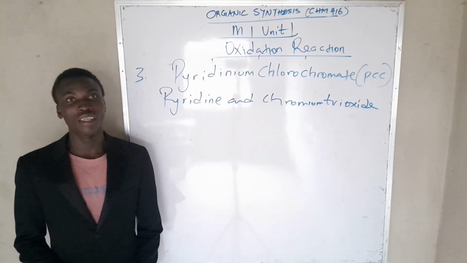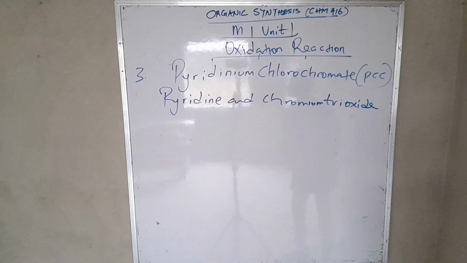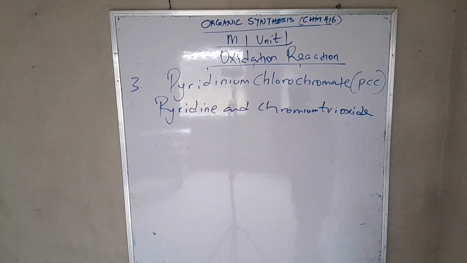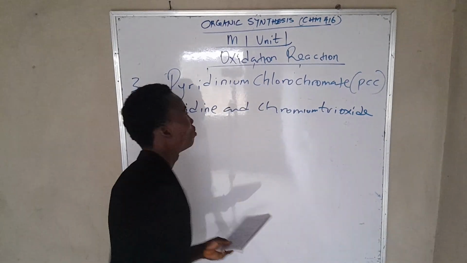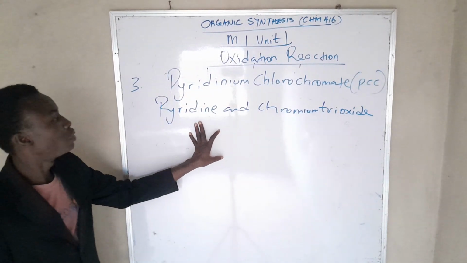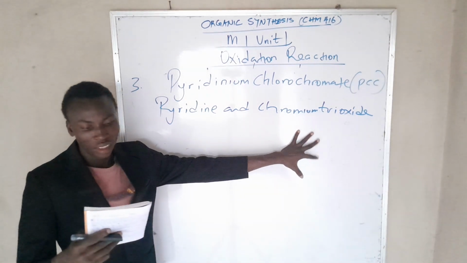So at the end of the day, we are going to have the process involved with respect to the compound that we have there. That is when you react pyridine and chromium trioxide.